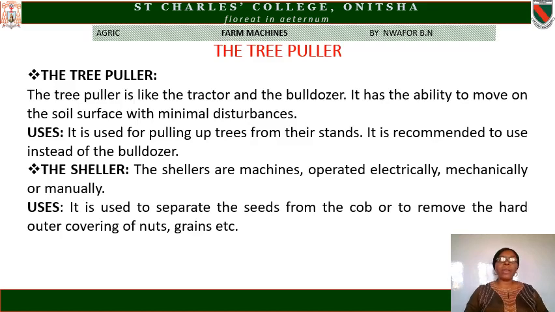For example, when one wants to remove the outer covering of groundnuts, the sheller is better used instead of using stone to crack it. So also is this separation of seeds from the cob when you are separating seeds from the cob of maize.